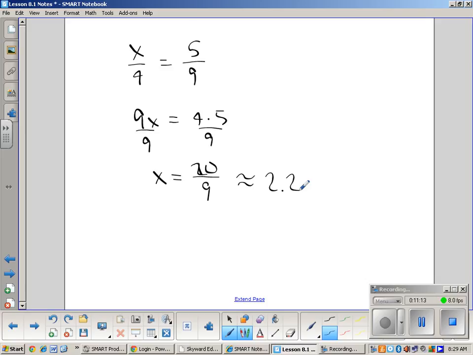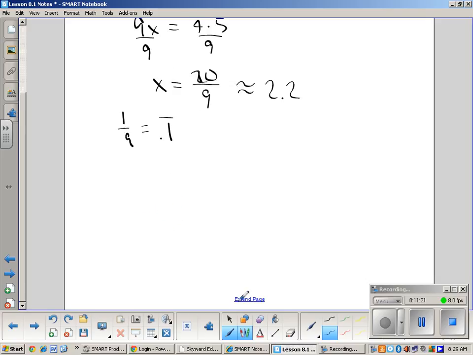Did I ever show you the fractions for ninths? 1 ninth is equal to 0.1 repeating. 2 ninths is equal to 0.2 repeating. 3 ninths is the same as 1/3, isn't it?